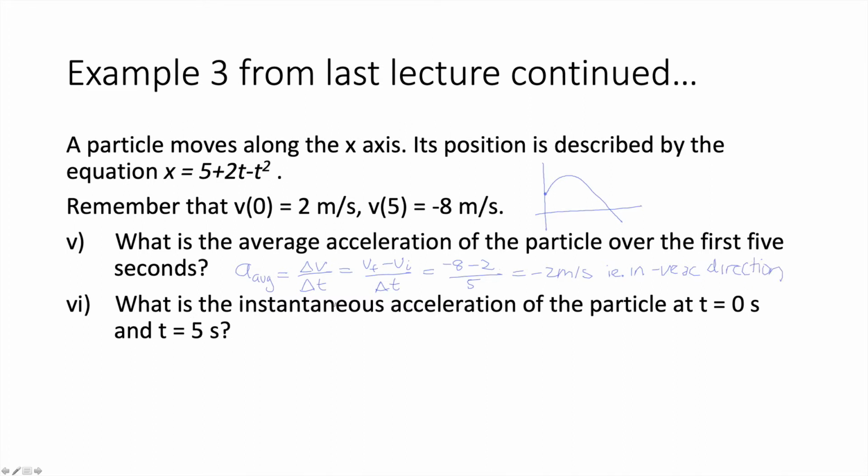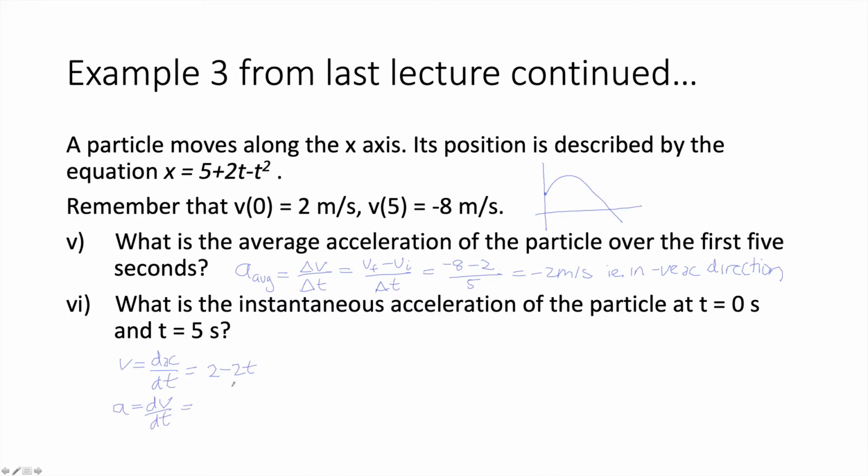Now it says, what is the instantaneous acceleration of the particle at t equals 0 and t equals 5 seconds? For that, we're going to need to differentiate. We can get our expression for v because it's dx/dt. We did this last time, but I don't have it written here. So we're just differentiating again: v is 2 minus 2t. And so a is equal to dv/dt, which is the second derivative.